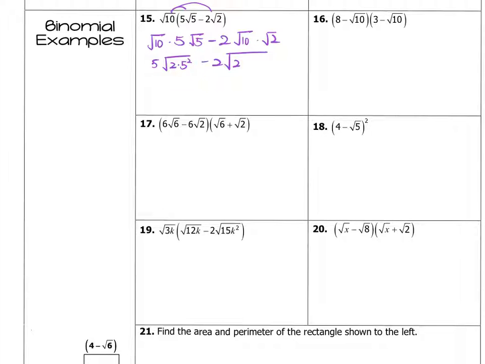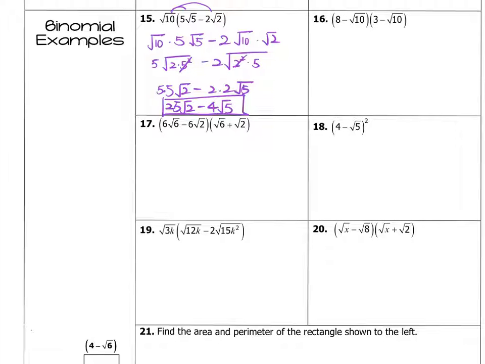I know there is a 2 in 10, so that's 2 squared times 5. And so that way the 5 comes out, root 2, and then this 2 comes out, root 5. You should have 25 root 2 minus 4 root 5. Just be careful, that's a multiply there. That's the final answer there.